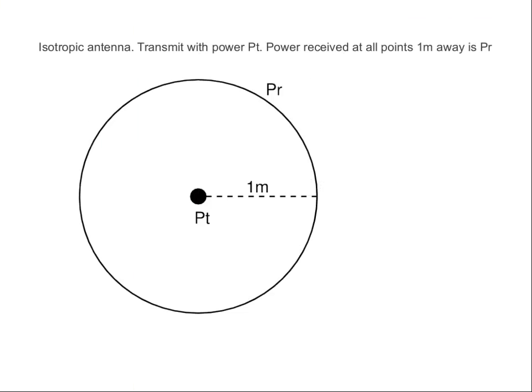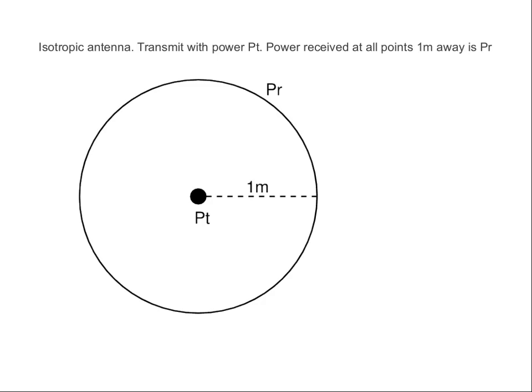We'll use this extra handout. If you don't have one, there's a few copies lying around. Just a few pictures to try and demonstrate this concept of real antennas, which have some directionality, versus the isotropic antenna.